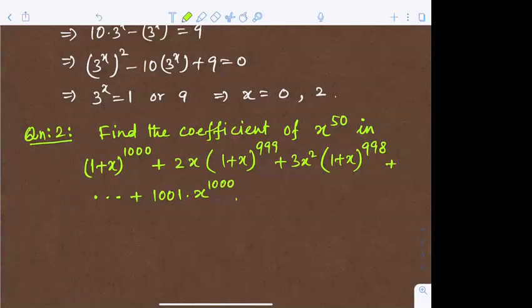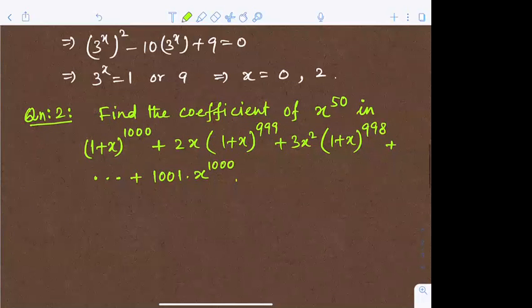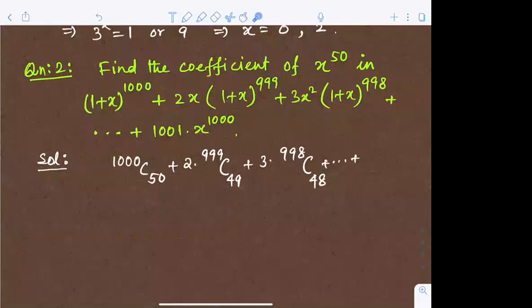So we have to find the value of coefficient of x to the power 50 in this. Try to solve this question. After that, I will give you the solution. So, for example, we can take x to the power 50 here.